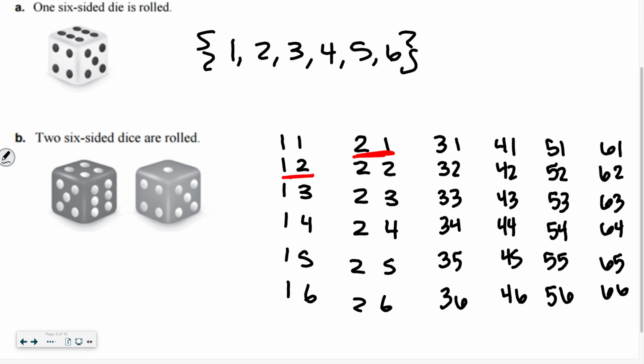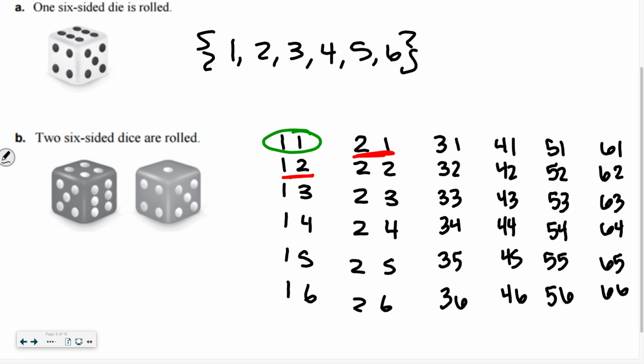Versus if you took those 2 dice and you made them both a 1, how many ways can you roll 2 1s? Only one way. How many ways can you roll a sum of 3? 2, because you could roll a 1 and a 2 or a 2 and a 1. That sometimes really messes with people.